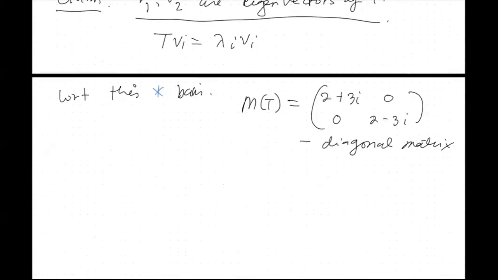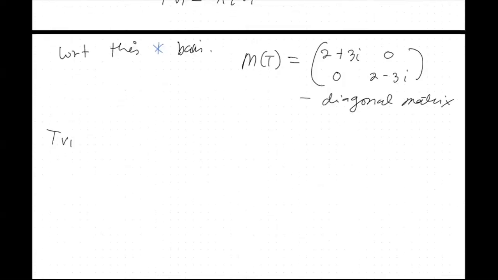Now, let us check T V1. This is just the matrix 2, negative 3, 3, 2, applied to i over 2 and 1/2.